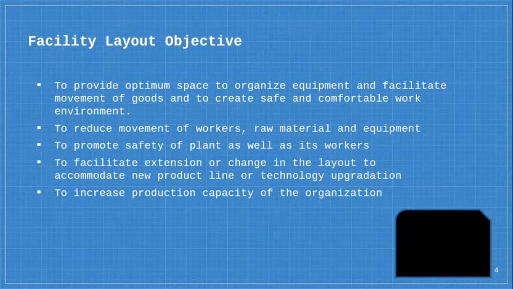Fourth, to facilitate extension or change in the layout to accommodate new product line or technology upgrade. And last is to increase production capacity of the entire organization. So, in all objectives, the facility layout planning is to design effective workflow as to make equipment and work more productive.